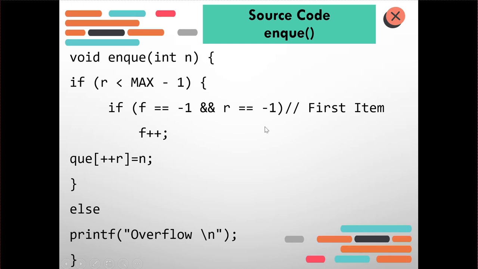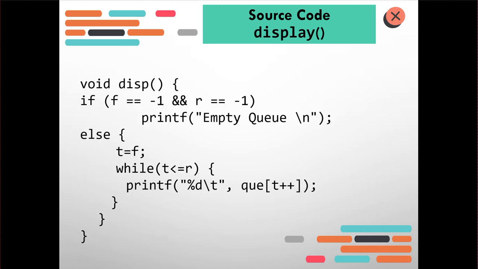All right. So moving on to the display function. Again, we will check if f is equal to minus 1 and r is equal to minus 1, which means it is the case when the queue is empty. So you'll be accordingly printing the message for the user that the queue is empty. Else means that either this is not true or this is not true or both are not true.